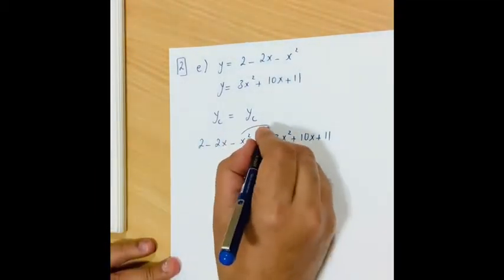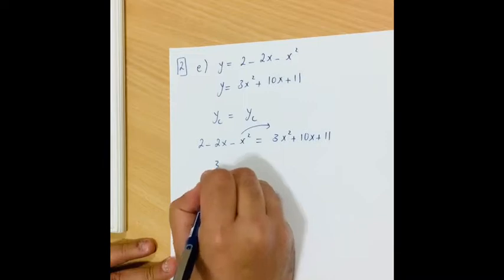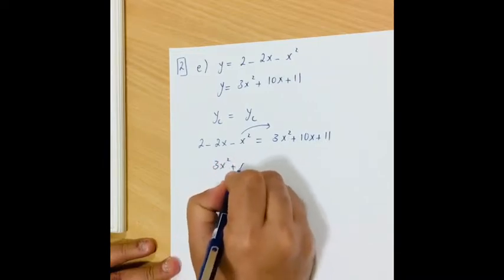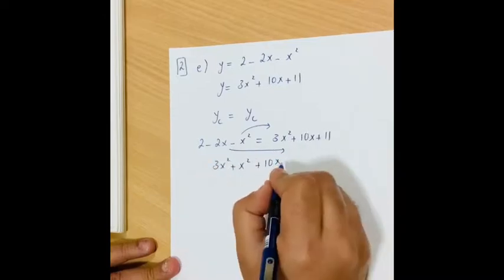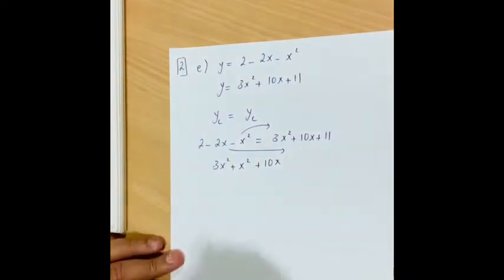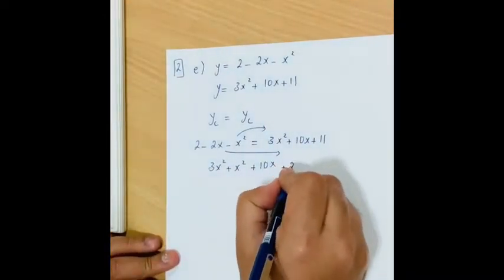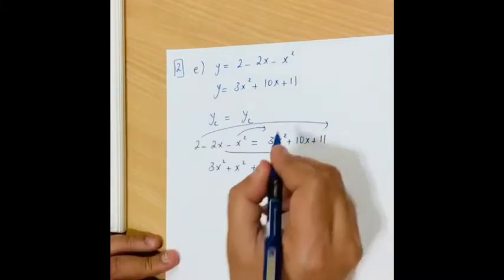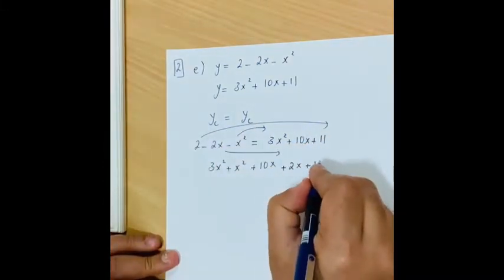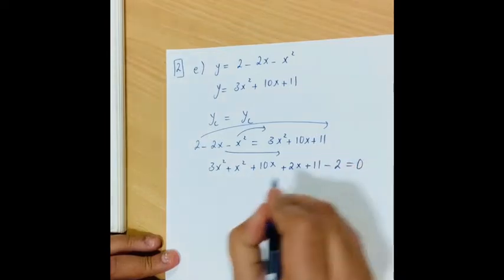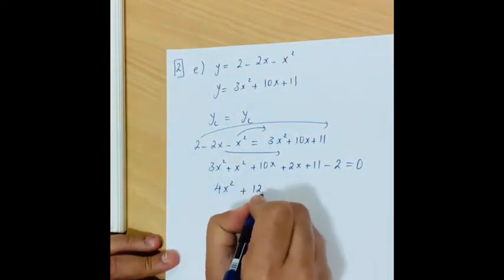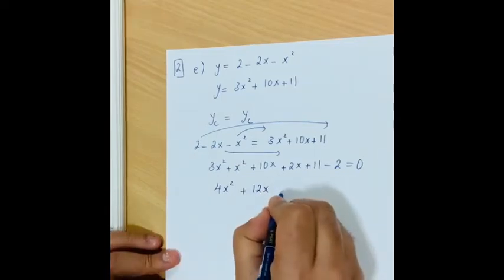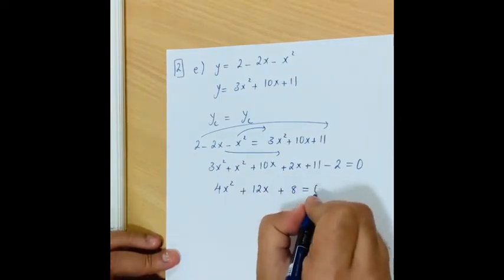If you move negative x squared to the right side, you'll have 3x squared plus x squared, then 10x, you move negative 2x, sorry, to 10x, so 10x plus 2x, and then you move 2 to the right side, so you'll have 11 minus 2 equals 0. You have here now 4x squared plus 12x, and 11 minus 2 is 8, equal to 0.